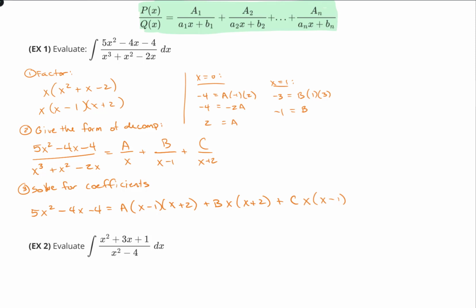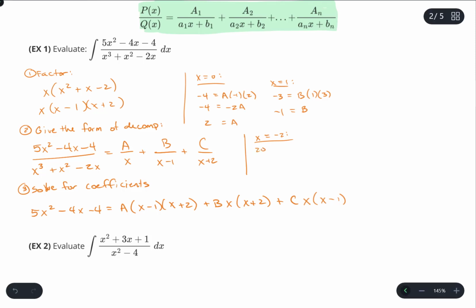And lastly, if I let, let's see, x equal negative 2, this term's going to get a little trickier, but let's just work it through as best we can. 5 times negative 2 squared, that's going to be 5 times 4, which is 20.